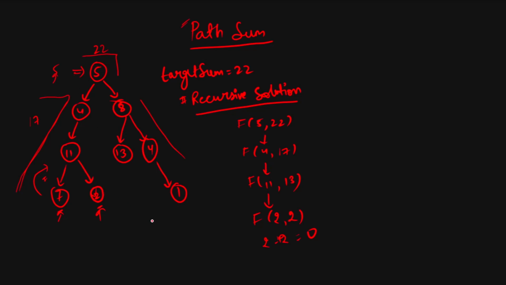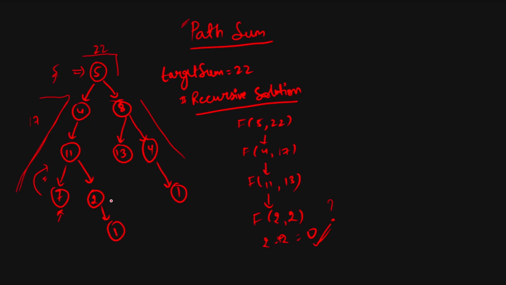Now if there is something like this, 2 and there is one more node, which is 1, then also here it is 0, but I will not check this. Why? Because this is not a leaf node.